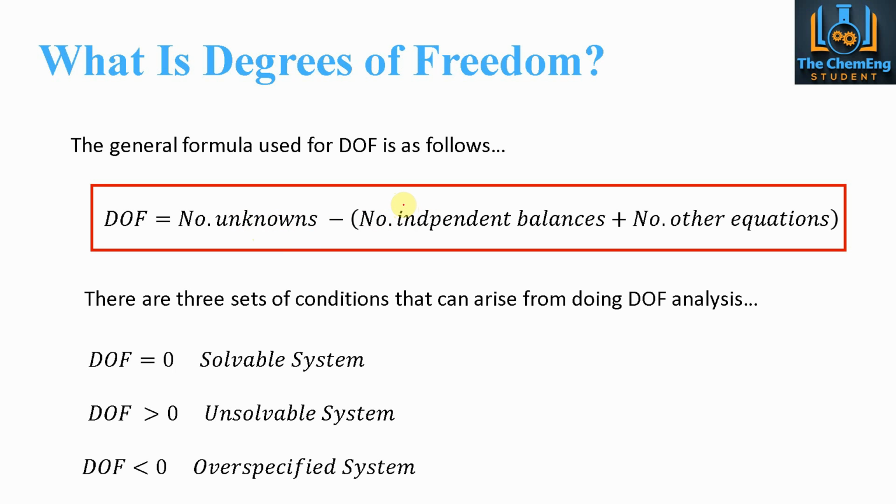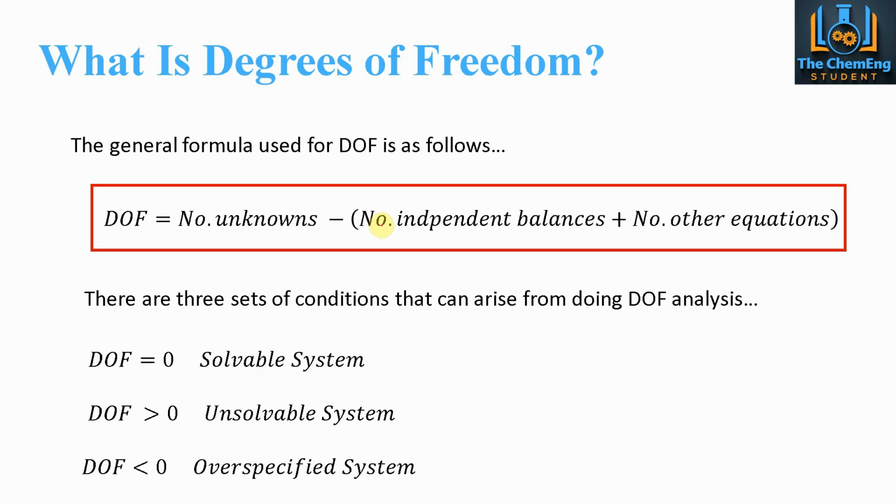Now, if the DOF is less than 0, then this means that we have an overspecified system, in that we have too much information compared to the number of unknowns that we're trying to find. This can sometimes be okay, if the information isn't conflicting, but we always try and aim for a DOF of equal to 0.